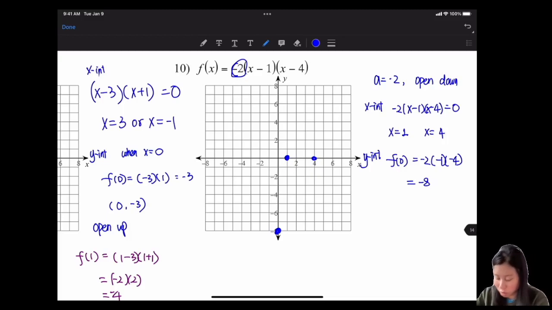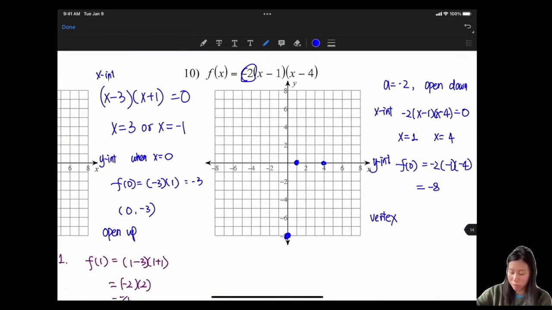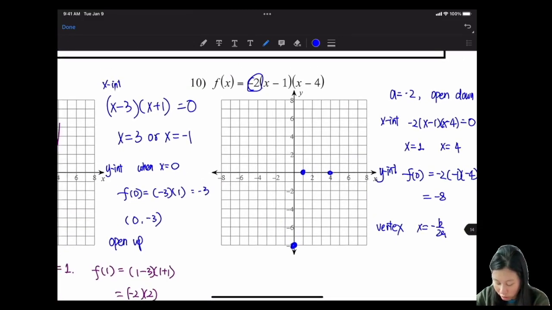Now we still need to find the vertex. Remember, the vertex is in between. You can either FOIL it and use the formula x equals -b over 2a, or you just find the symmetric line, which is 2.5, right? In between 1 and 4 should be 2.5. So we know the x-coordinate equals positive 2.5.